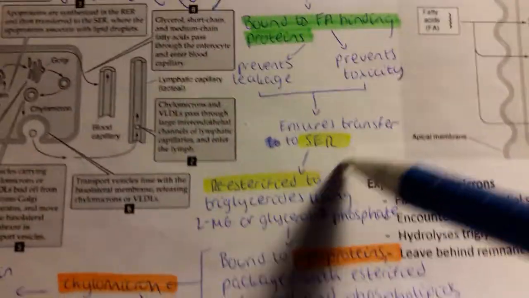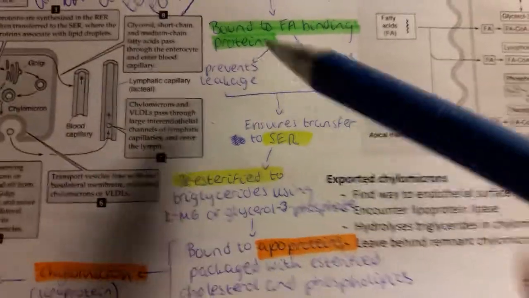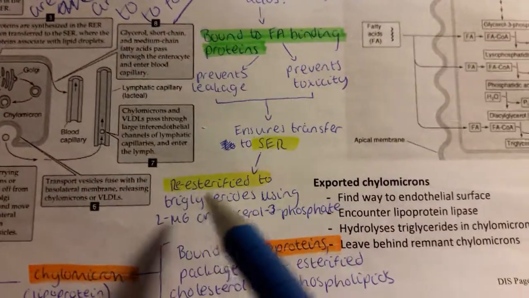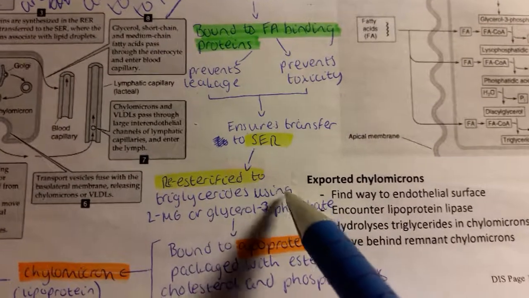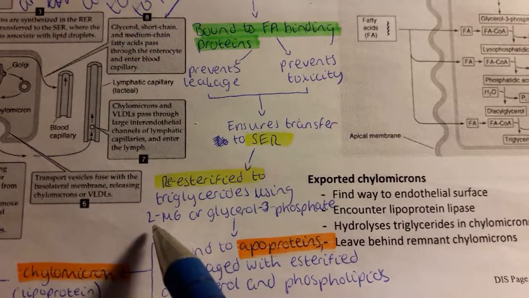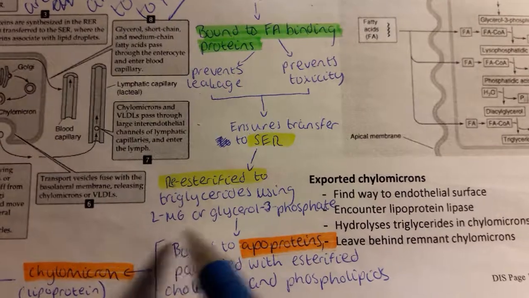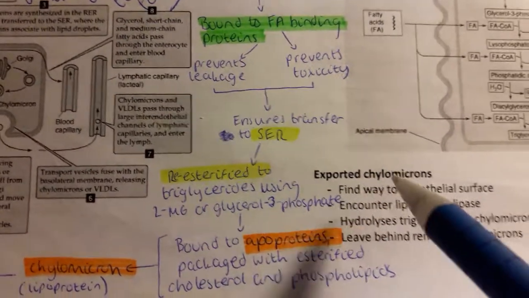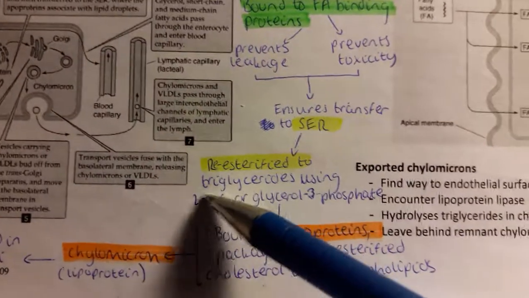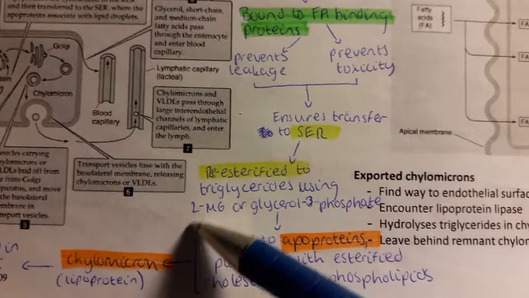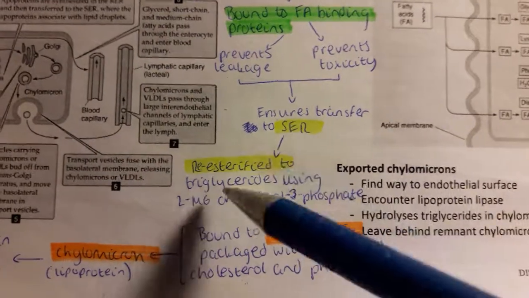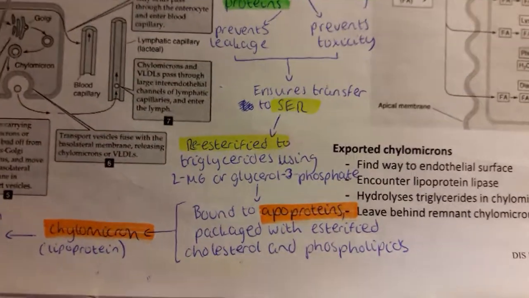And what happens on the smooth endoplasmic reticulum is that the long-chain fatty acids are re-esterified to triglycerides using 2-monoacyl glyceride or glycerol 3-phosphate. These are like the diglycerides that the fatty acids are re-esterified onto.